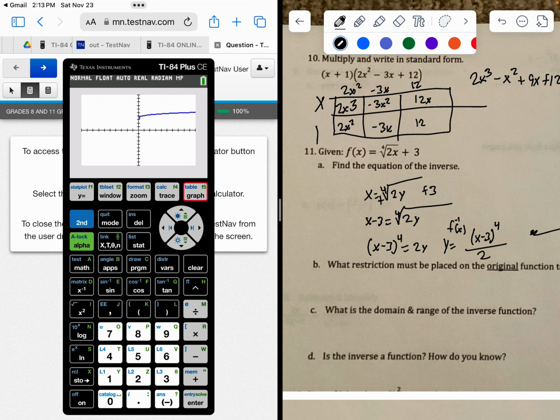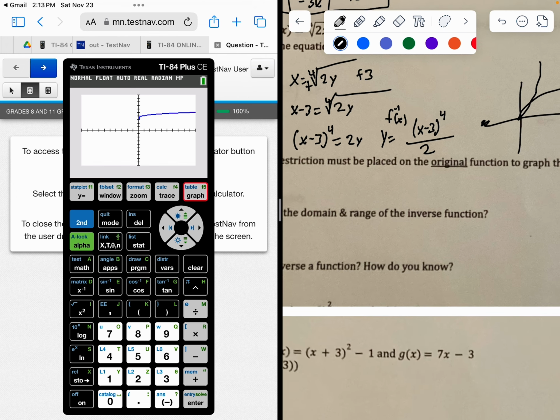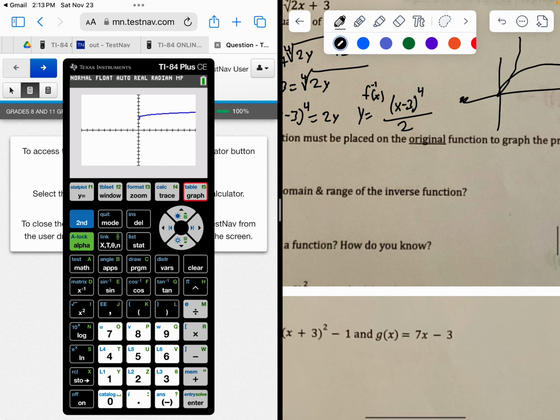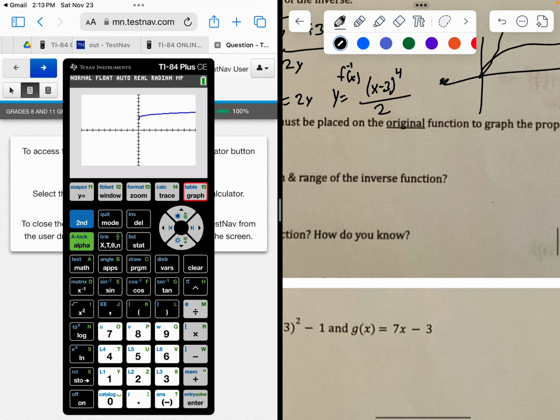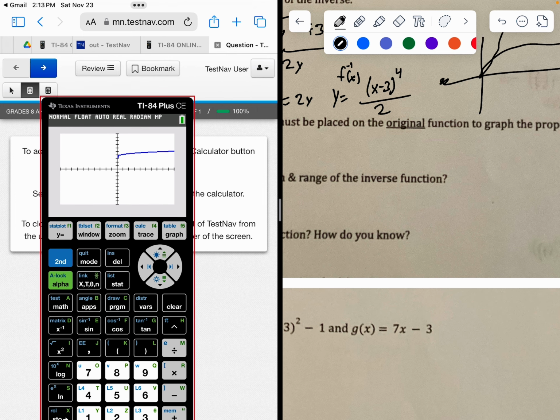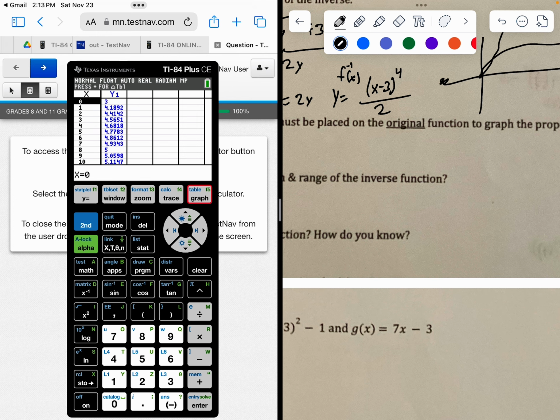Alright, now we're going to look at the domain. So we see that it does not exist when it's less than 0, when x is less than 0.